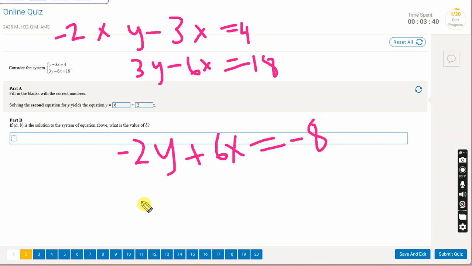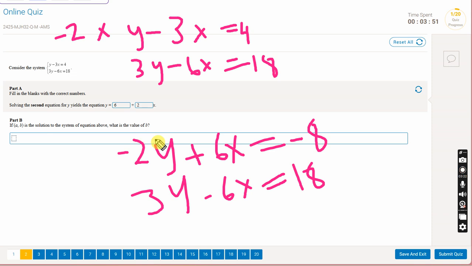The same thing, 3y minus 6x equals 18. They're looking for the b, so they want us to get rid of the x, right? To just find what y is. b represents y. So we add these two and we get y equals 10. That is what you get for b.